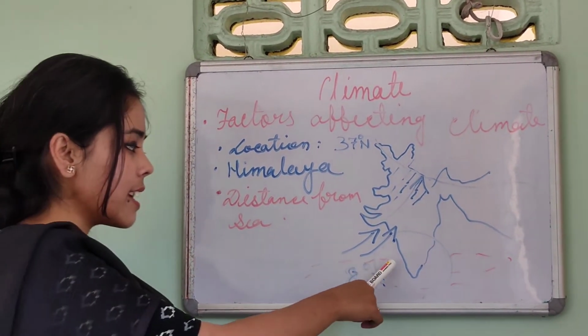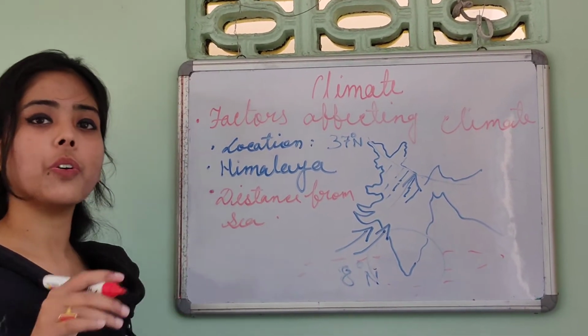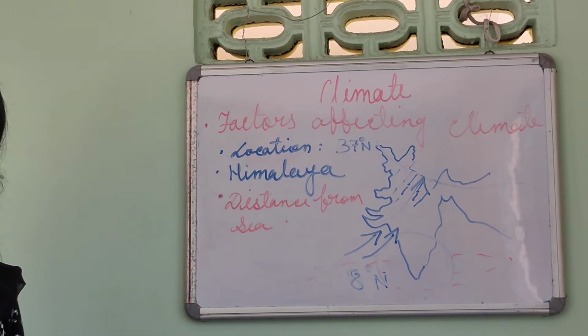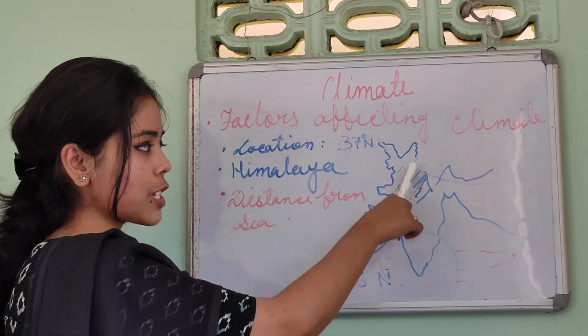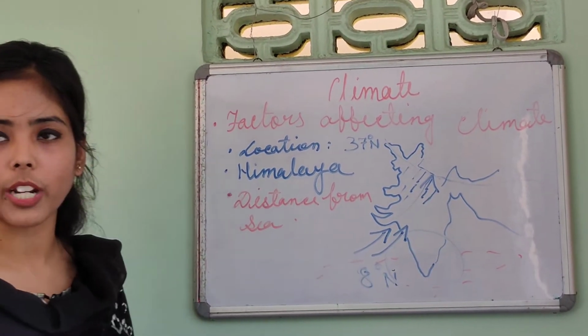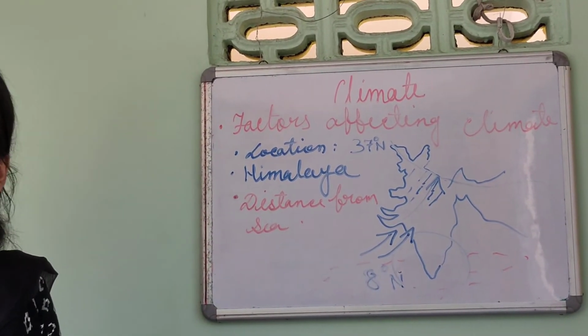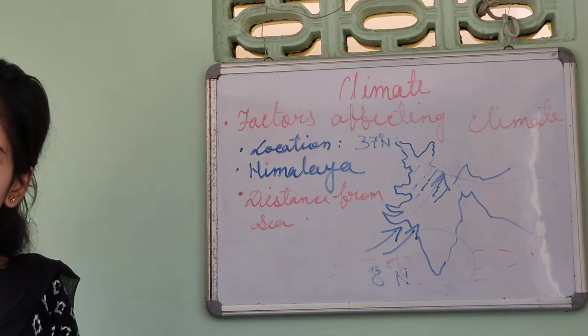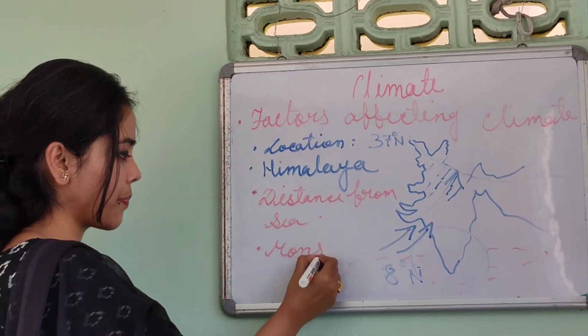Why? Because here Kochi, Tamil Nadu, you can see in winter also and in summer also the temperature is quite bearable. But in the northern side, though it is farthest from these water bodies, here the summer temperature and winter temperature is quite unbearable.